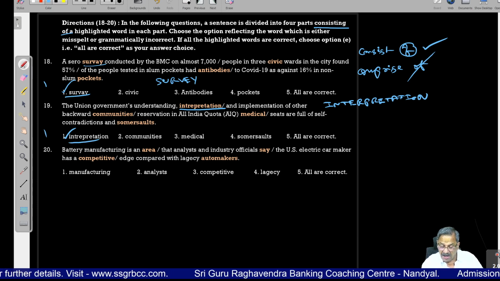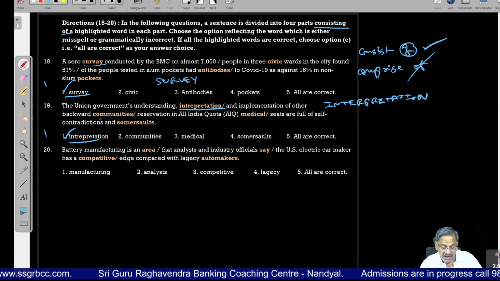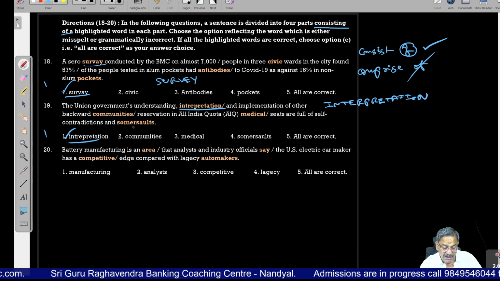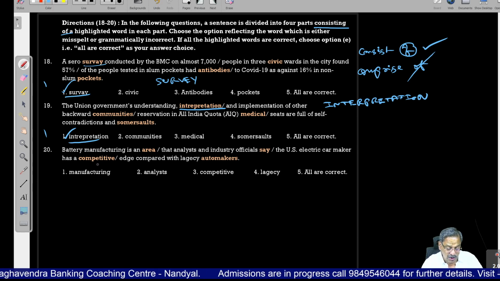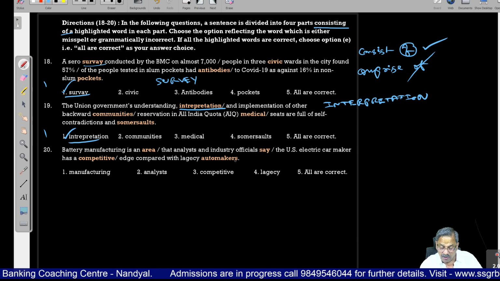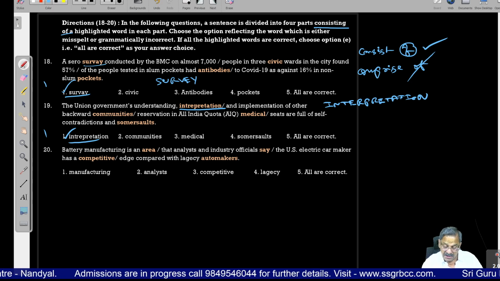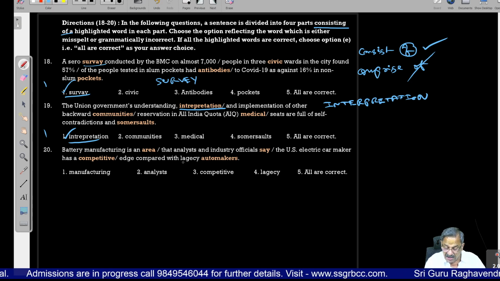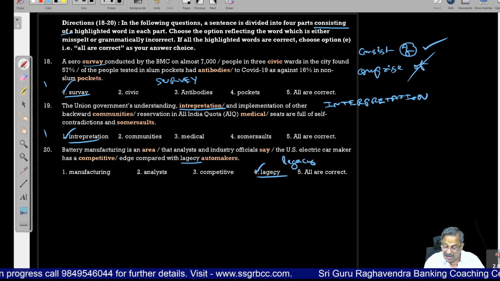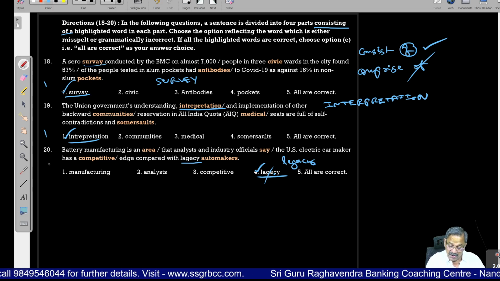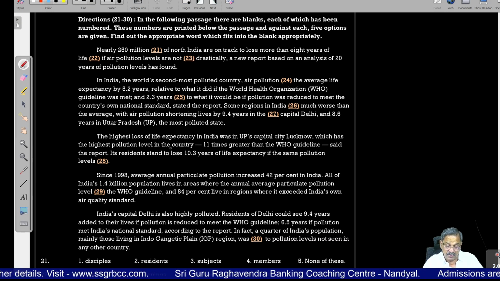Then the next words: civic okay, antibodies okay, pockets okay. Here communities okay, medical okay, stalls okay. Then competitive, COMPETITIVE, automakers, AUTOMAKERS. Then next legacy, LEGACY. So which word is wrong? It is very easy. Then 21 to 30.